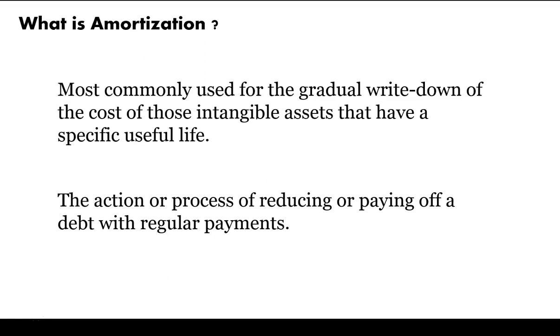Oftentimes a loan will be simple interest. Interest is calculated up front, but it actually is spread out over a certain life of that loan, so that you are paying only so much off at a time. It's not usually done totally evenly, the same amount every year, but it is just a way your loan is being spread out.